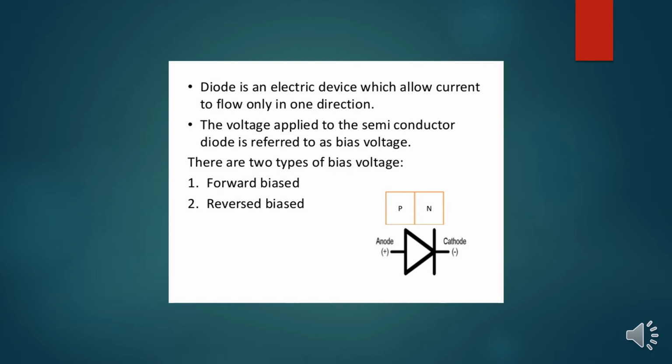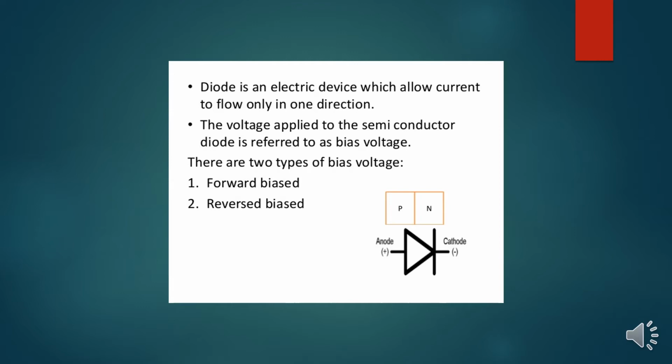Actually, what happens when P or N type semiconductor bars are placed together?